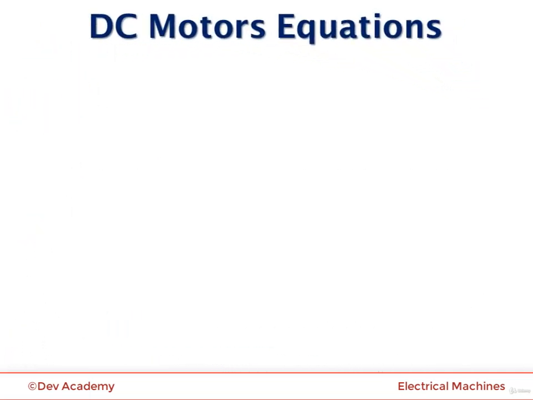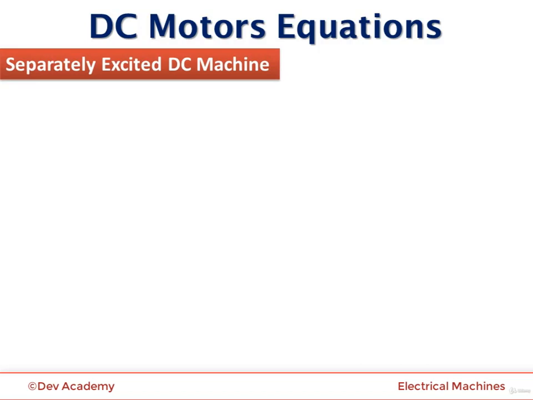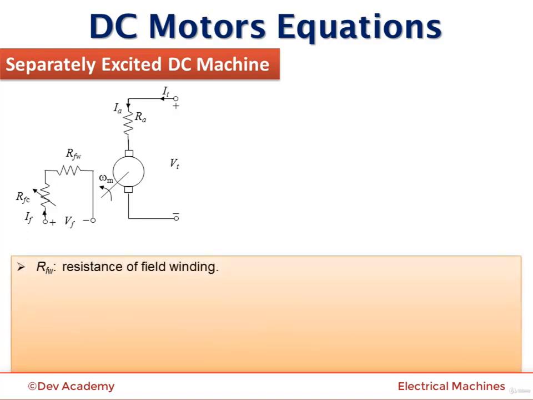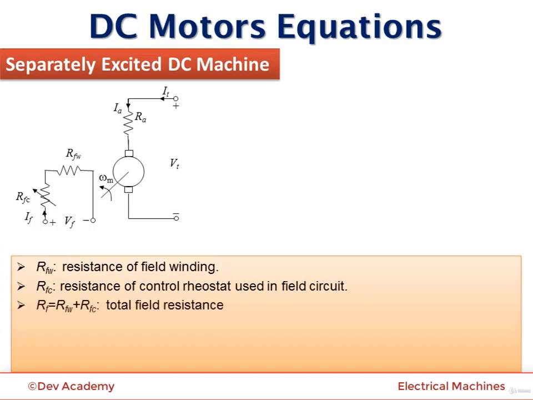Now we'll derive the equations which we will need in order to study the performance of DC machines. Since we have different classes of DC machines, we'll study them one by one, starting with the separately excited DC machine. A separately excited DC machine can be represented by this equivalent circuit, where RFW is the resistance of the field winding, RFC is the resistance of the control rheostat used in the field circuit, and RF is the total field resistance, which is the sum of RFW plus RFC.